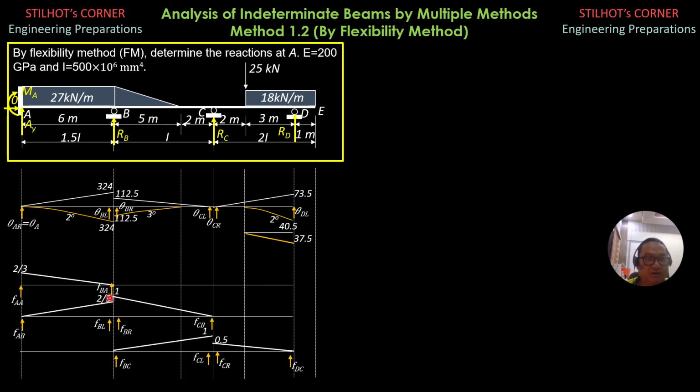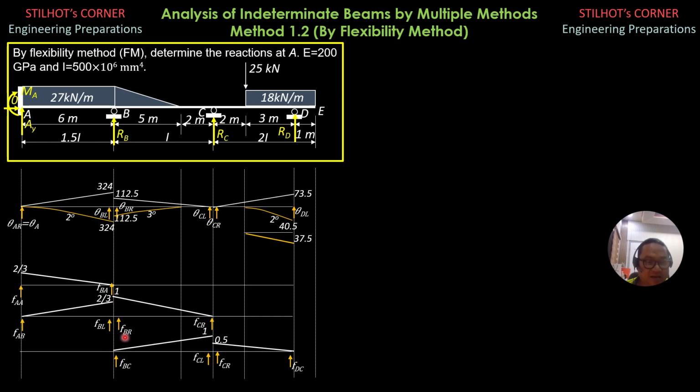So that's 2/3. Then the reaction at the right here is supposedly 1 over 7, because reaction times 7 equals 1, so 1 over 7. Since B is chosen as the moment center, 1 over 7 times 7 is still 1 over EI, which is just 1, so that's why it's 1 there.